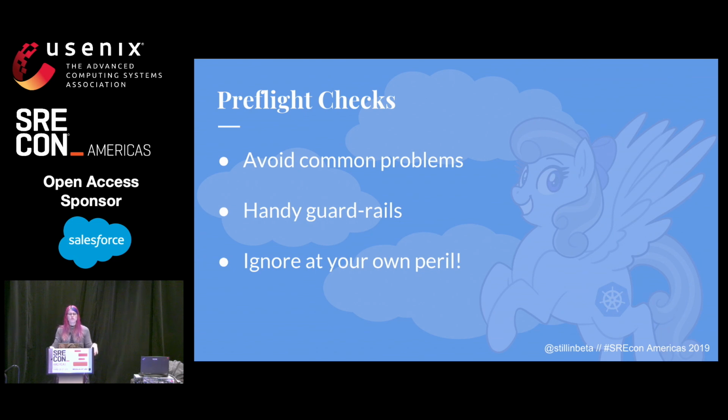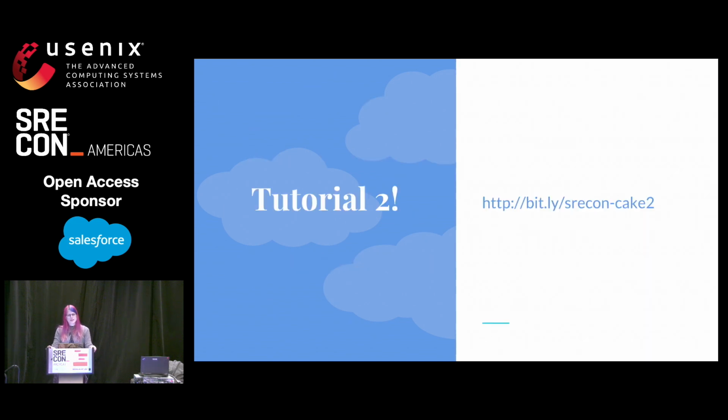We're going to avoid a bunch of common problems and make sure that your environment is a reasonable place to install Kubernetes. Obviously, we can't check everything, and we only check these things once. So if they fail later on, there's not much we can do about that. But for now, the next tutorial is just try to get all of the pre-flight checks to pass.